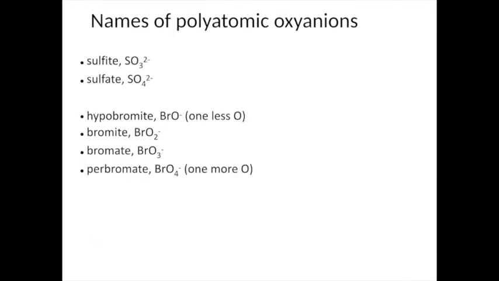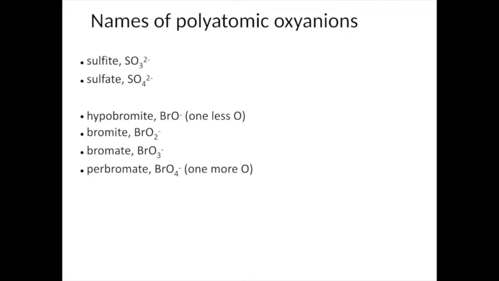Okay, and then we also will be naming polyatomic ions. So remember I said you need to start memorizing those ones on your handout that are in bold. So here we have sulfite is SO3 -2. Sulfate is SO4 -2. But I want to give you maybe an easier way to memorize these.